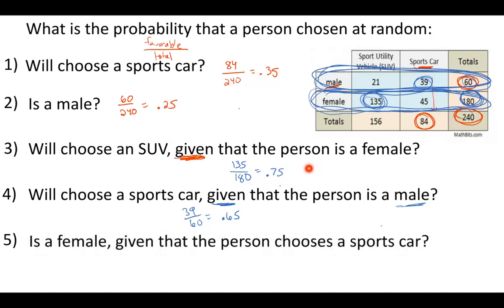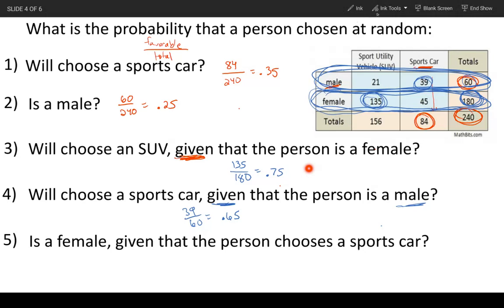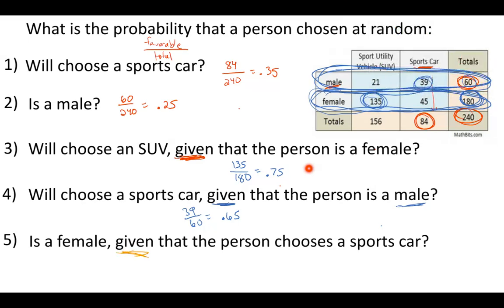Last question here. What's the probability that a random person is a female given that the person chooses a sports car? So let's say we're only talking about sports car people. What are the chances that that person owning a sports car is a female? So again, we start backwards. Given they choose a sports car, this time we're just going to circle the sports car column.